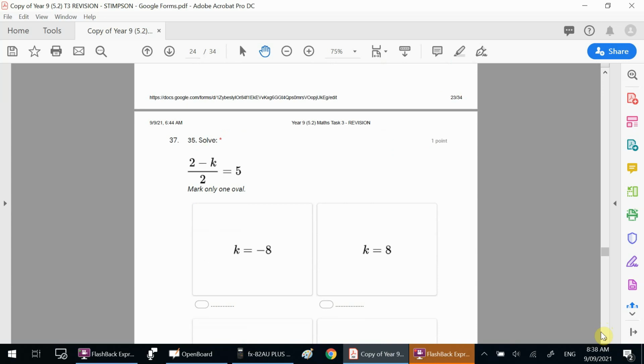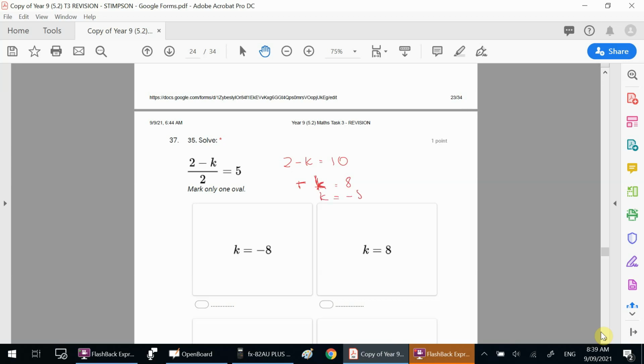Okay, fraction. Remove the fraction by multiplying by 2. We get 2 minus k. And we're going to multiply this by 2 as well. 2 minus k equals 10. And then we take the 2 away. Oops, minus k. So we've taken the 2 away. Minus 2 equals 8. Minus k equals 8. Swap signs.